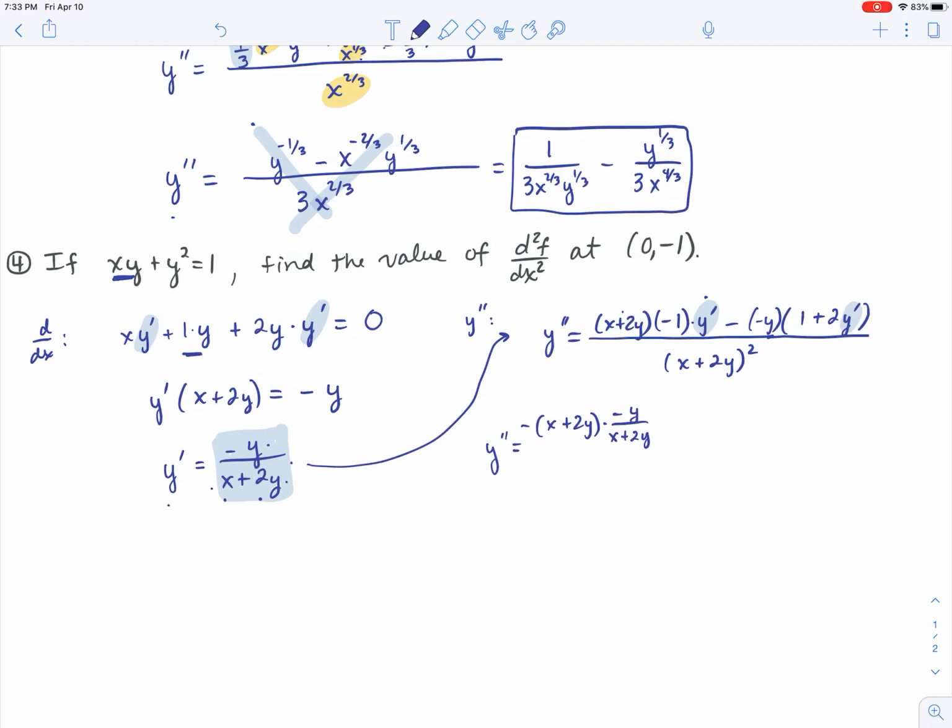And then this is minus, I'm going to go ahead and resolve all these negative signs, so this will be plus. And then it's going to be y times the quantity 1 plus negative 2y over x plus 2y, all over x plus 2y squared.